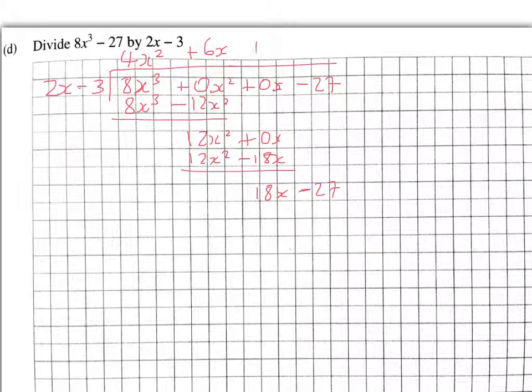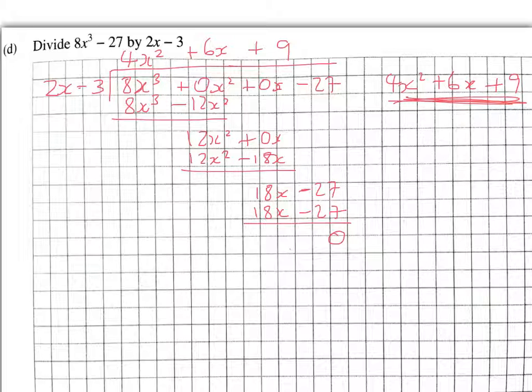Sorry, that's plus 9. 9 times 2x minus 3. I see when I do subtraction, I get a remainder of 0. So this expression at the top here of 4x squared plus 6x plus 9 is the correct answer.